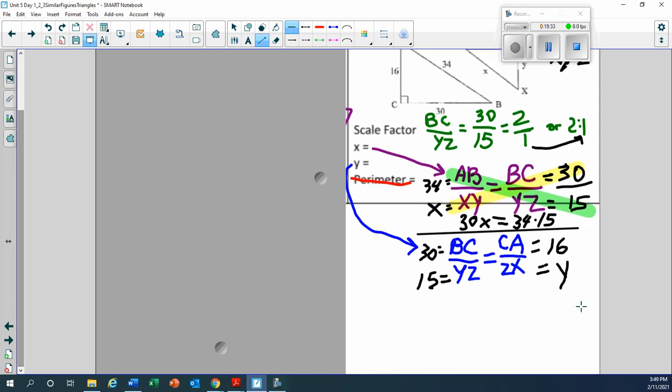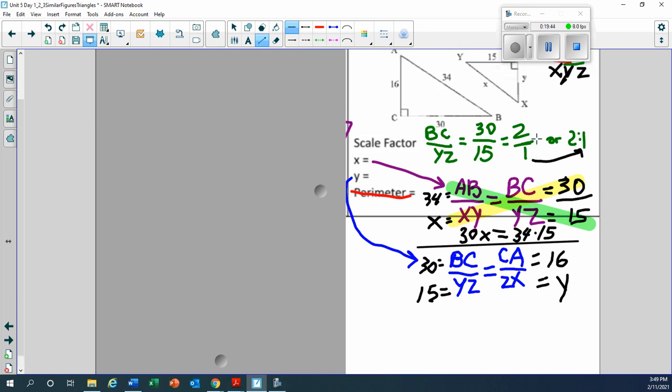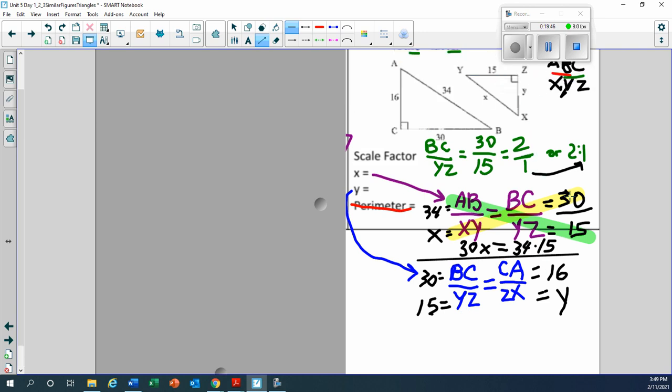Similarly, this last part to get the y, well, BC, YZ, that's your scale factor. Now y corresponds to that side ZX. So we're going to write the ZX on the bottom because we want to keep it with the YZ. That's the bottom triangle.